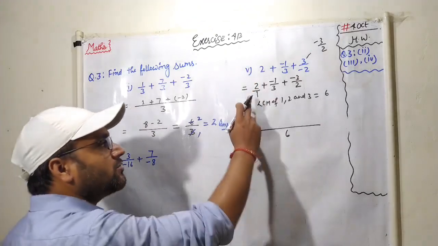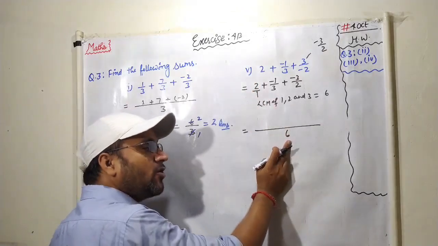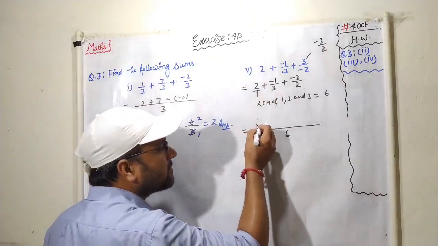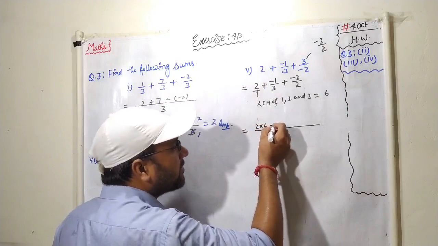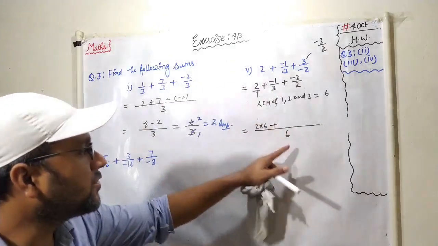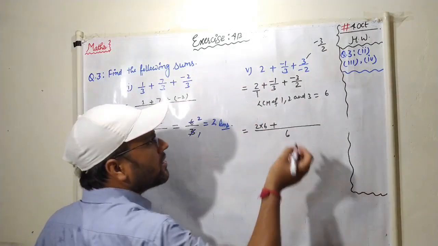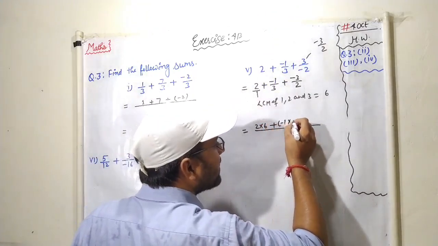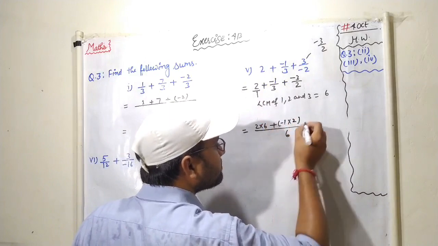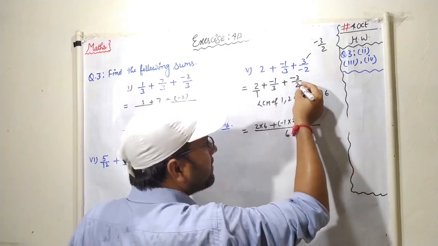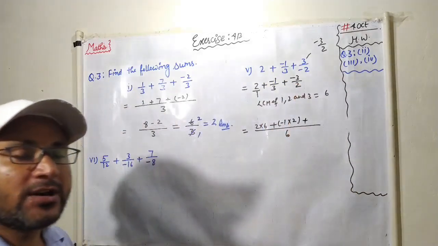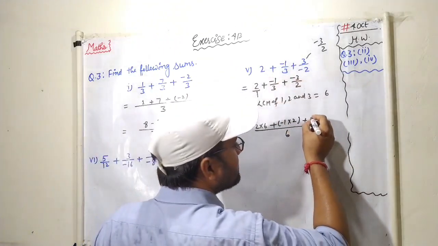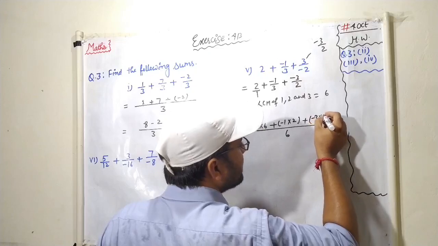From 1, if you divide 6 by it, you get 6, and 6 is multiplied by 2. Write one more step, you can do that. Then 6 divided by 3 gives 2, and 2 is multiplied by minus 1, so write in a bracket minus 1 multiplied by 2. Plus, 6 divided by 2 gives 3, and 3 is multiplied by minus 3.